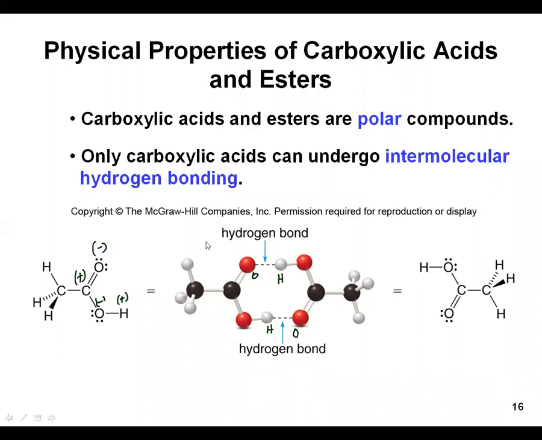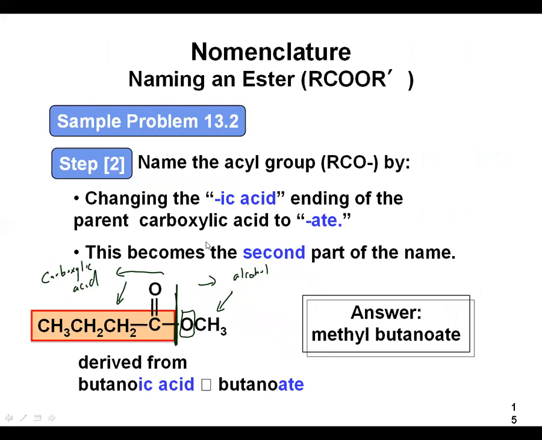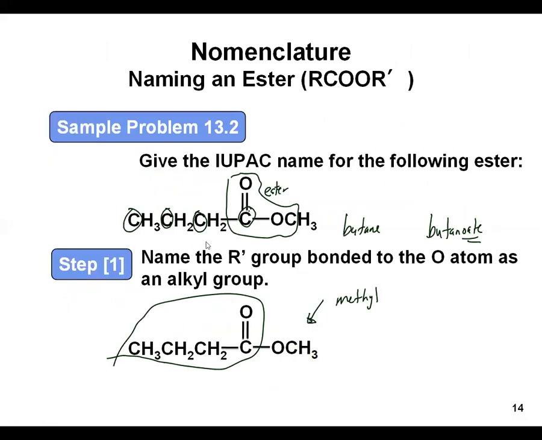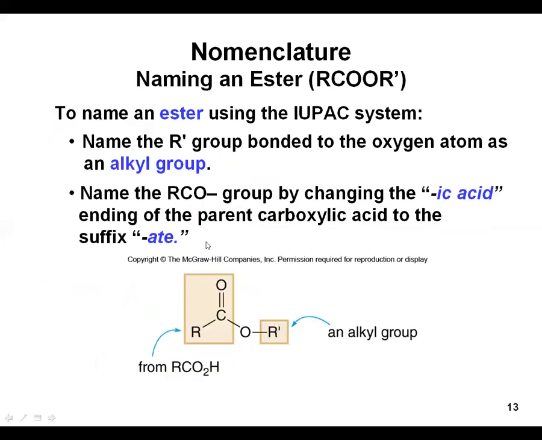Again, an ester cannot hydrogen bond with itself because, let's look at the ester, where'd it go? Right here. This ester has a carbon group here, not a hydrogen. So because the ester has a carbon group there and not the hydrogen like we see in a carboxylic acid, it is not able to hydrogen bond with itself.